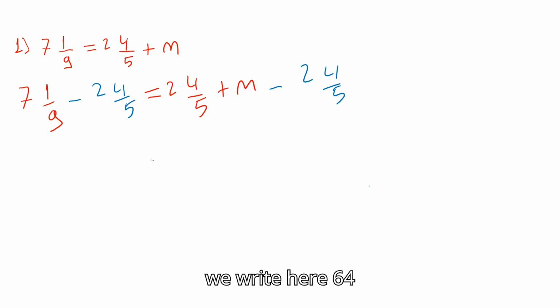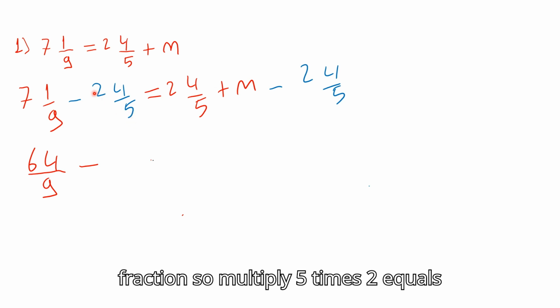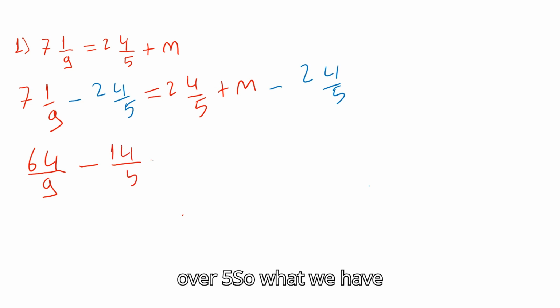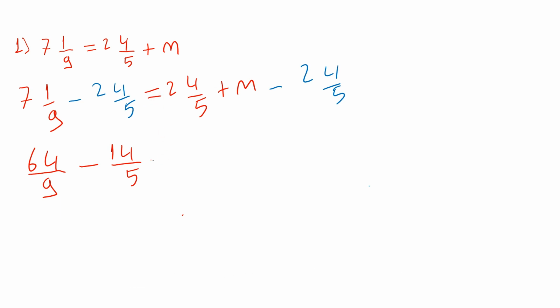So we write here 64 over 9, minus. Also, convert this mixed number to a fraction. Multiply 5 times 2 equals 10, 10 plus 4, 14. So we write here 14 over 5. And we write here equal.